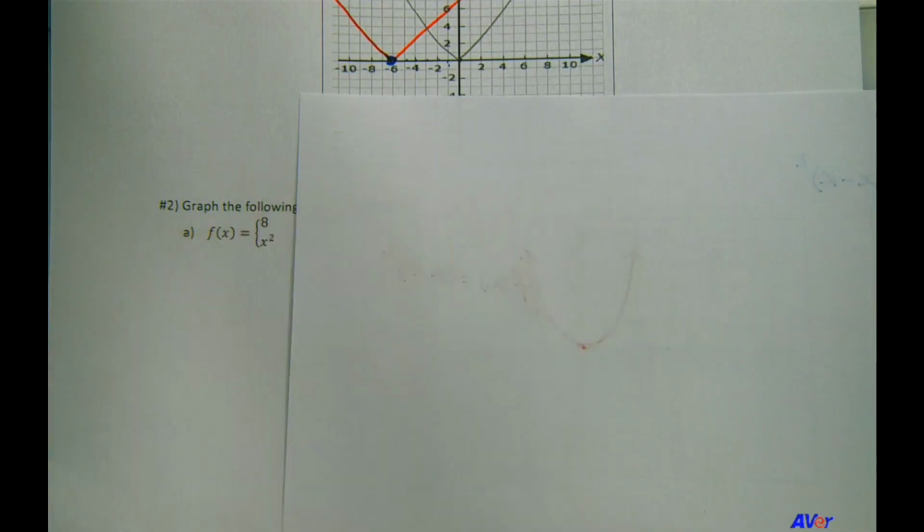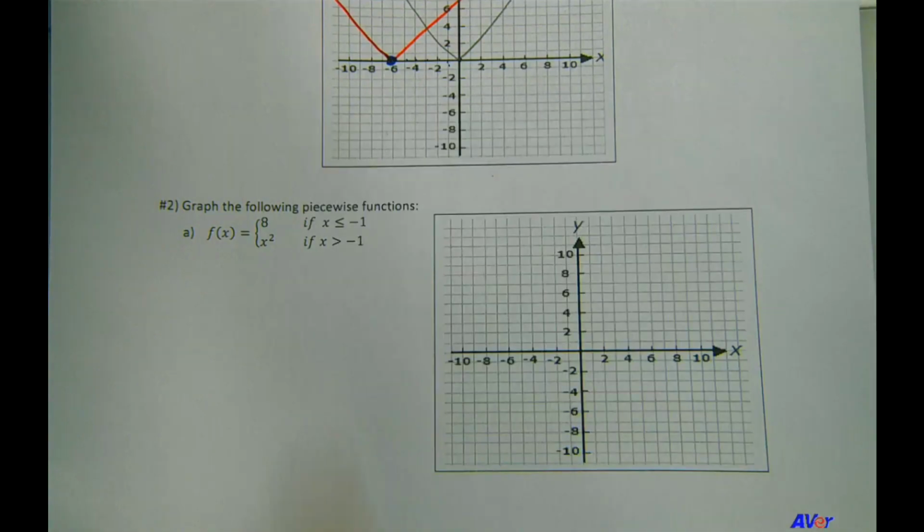Draw both with a pencil, very lightly. Once you've done that, then you take a look at the conditions and you erase the part of the graph that you should, and you keep the one that you need.